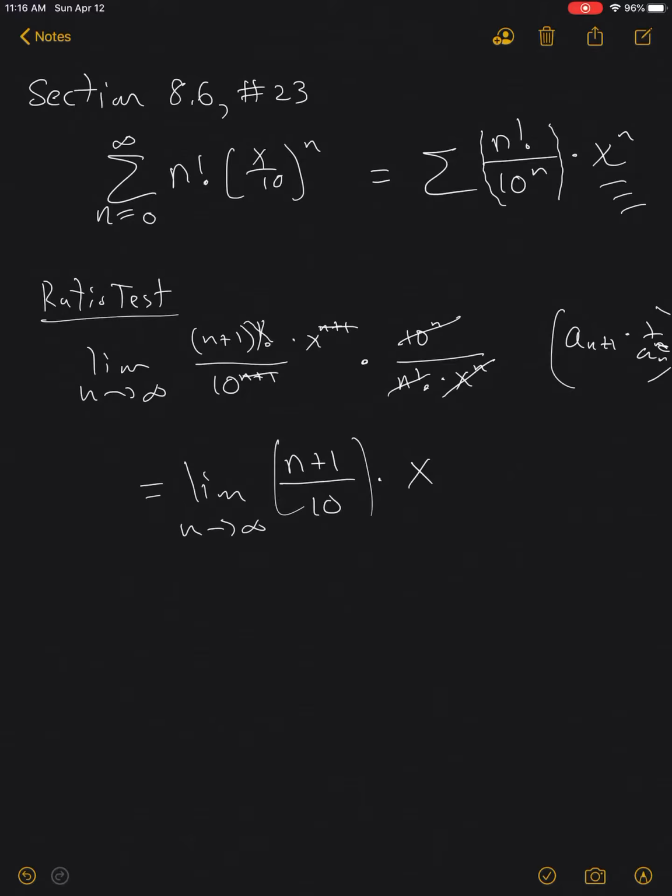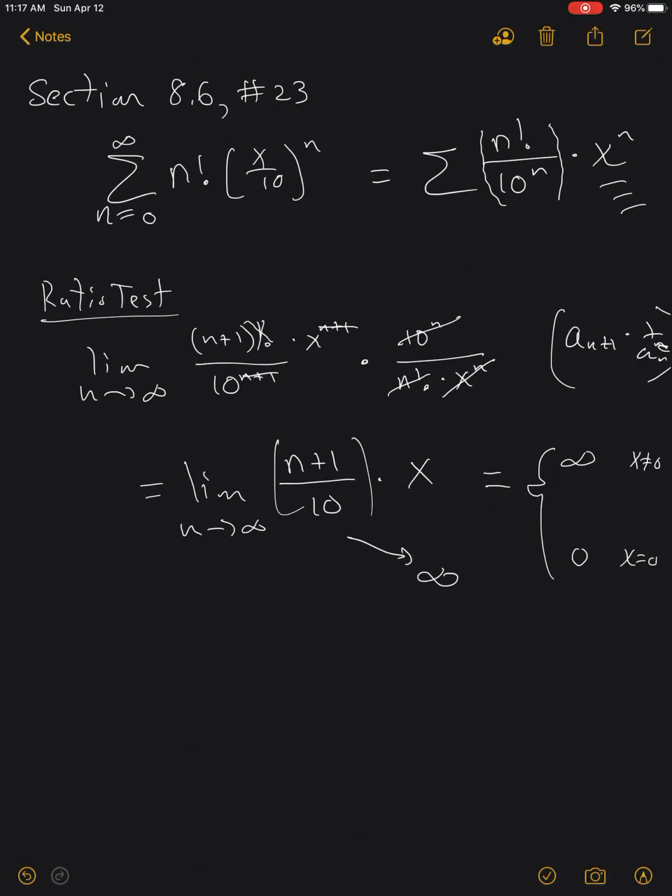And so notice, as n goes to infinity, this parenthetical term is unbounded, shooting off to infinity. We just have a numerator that's growing, and the denominator is fixed at the number 10. And so the overall limit is almost always infinity, except in the one case when x happens to be 0, where we get a limit of 0.